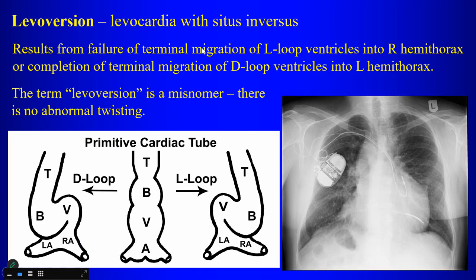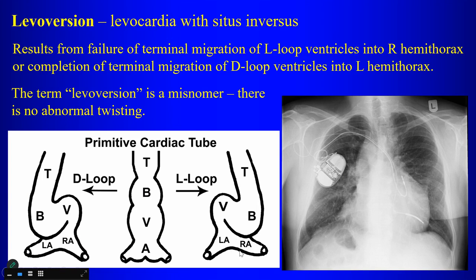Now, levoversion, or levocardia with situs inversus. Again, there are two ways to get this. We start out with situs inversus, right? Left atrium is on the right side. The morphologic right atrium here is on the left side. Failure of terminal migration of L-loop ventricles into the right hemithorax. So if you have situs inversus, what kind of loop would you expect?